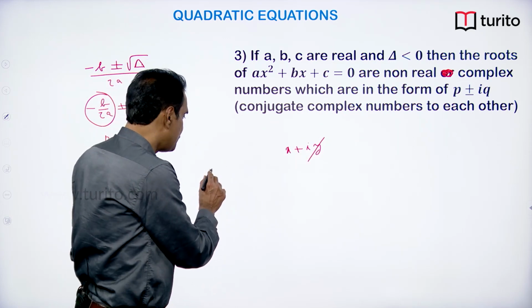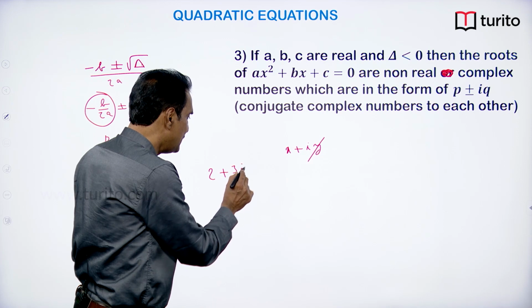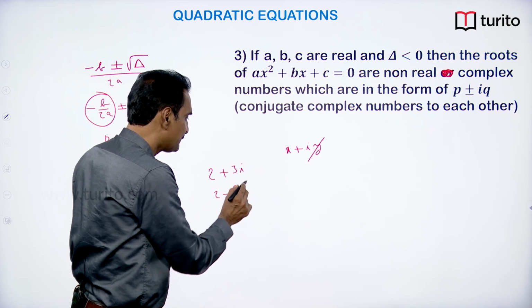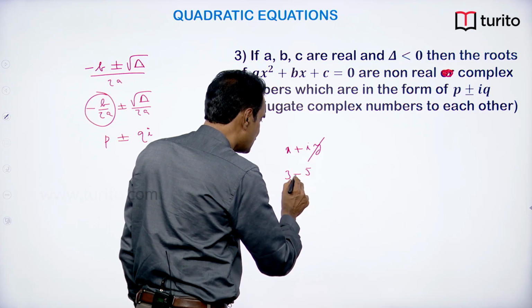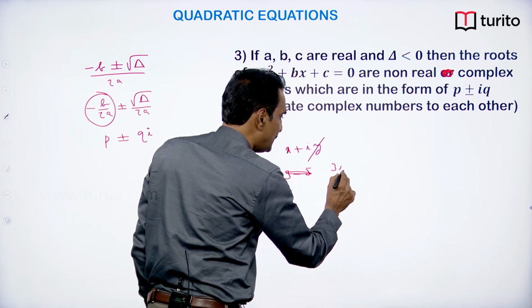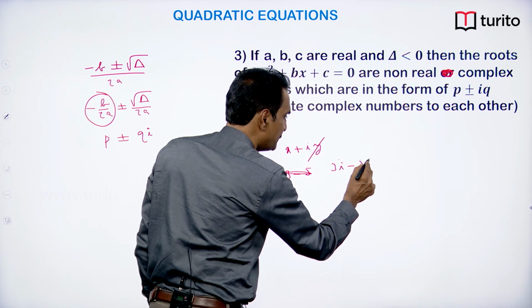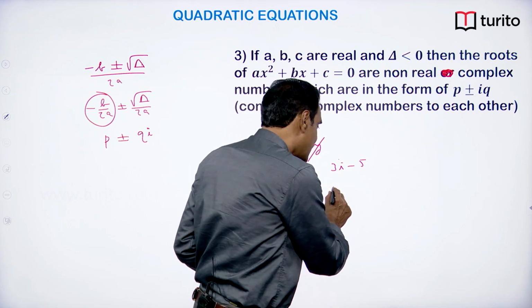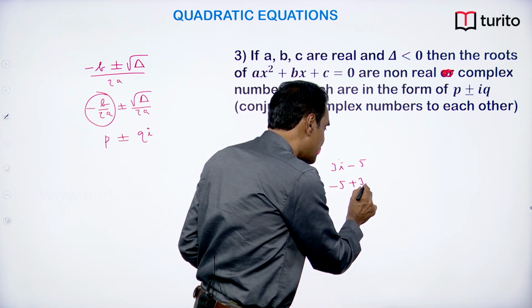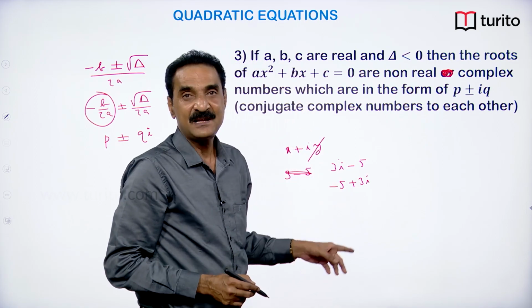So, the conjugate of 2 plus 3i is 2 minus 3i. Suppose the conjugate of 3i minus 5, if you want, it is not 3i plus 5. We have to write it as minus 5 plus 3i, then tell the conjugate.